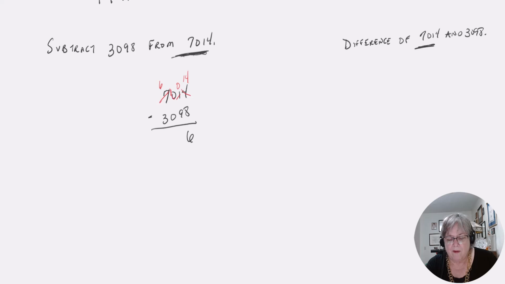Then I borrow from it, taking 1 away and leaving 9 and bringing the 1 over here. So that's 7. I took 1 away from this and carried it over to here, leaving 10. Then I borrowed 1 from that and carried it over here. Now remember, this was already a 0 because I'd borrowed.